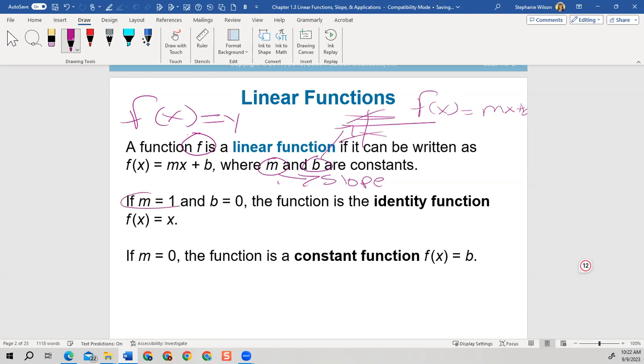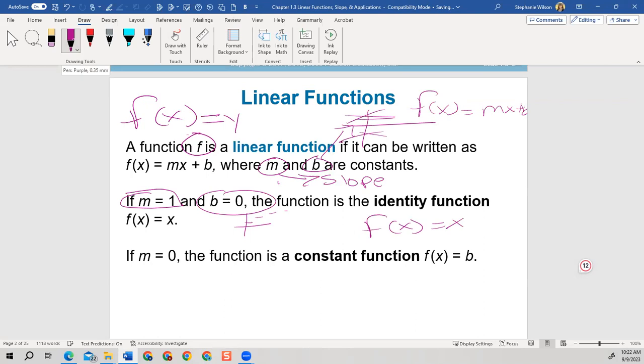It says that if my slope is equal to 1, it's increasing by 1 unit, whatever direction it may be going. And then if my b is 0, then I get a function of f of x equals x. This tells me that I do not have a y-intercept because it's 0.